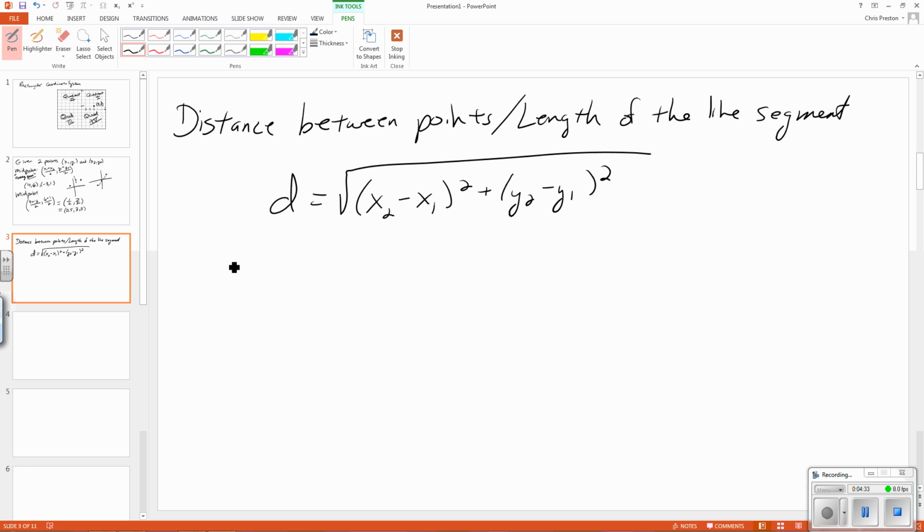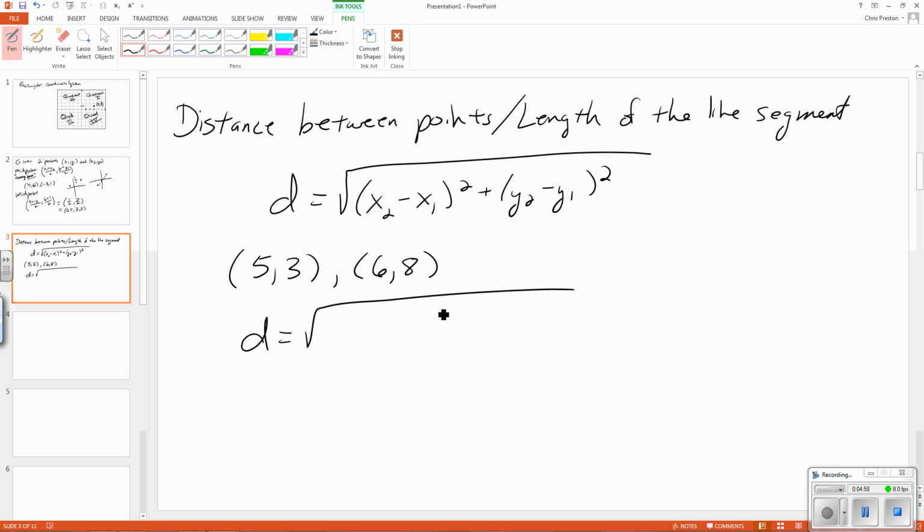So if I want to find out how far away 2 points are from each other, let's say I'm given 5, 3, and 6, 8. I want to find out how far these 2 points are from each other.